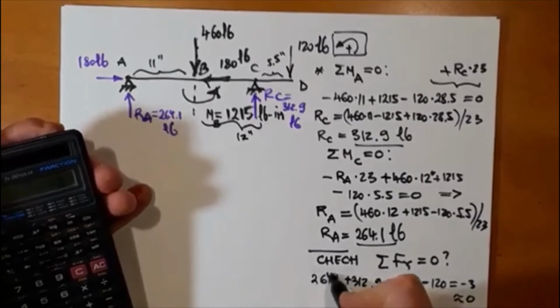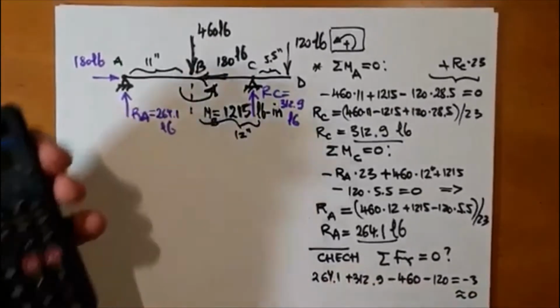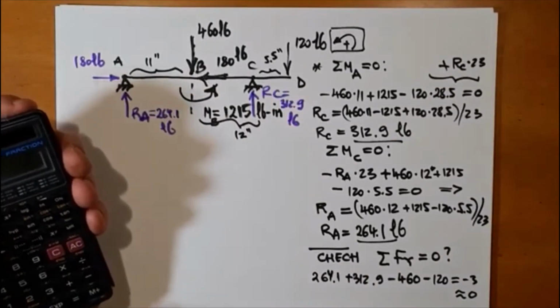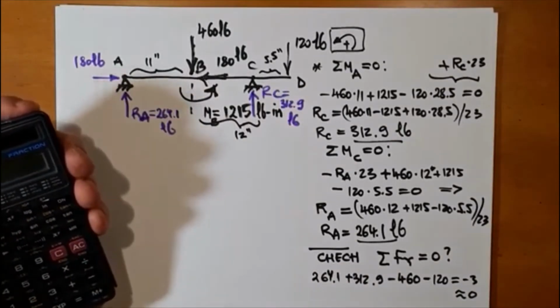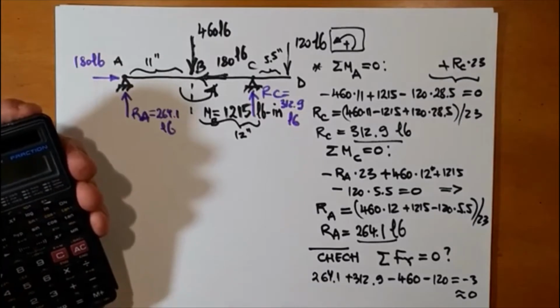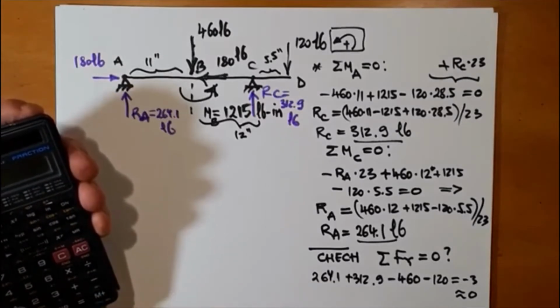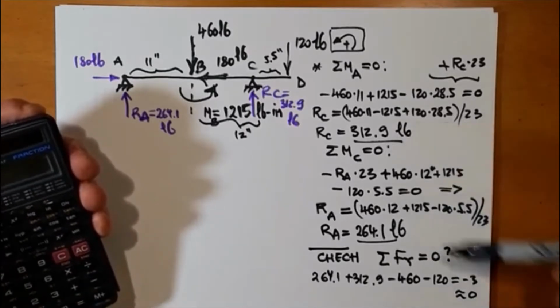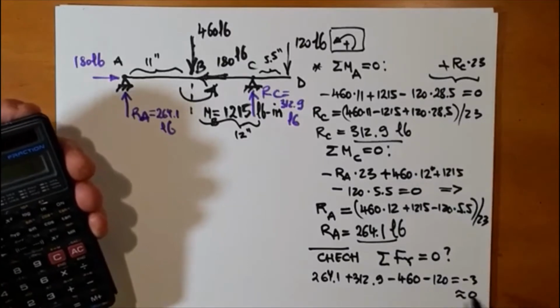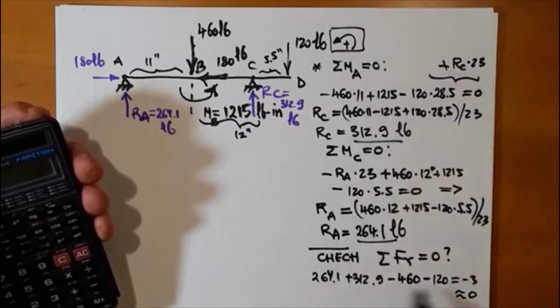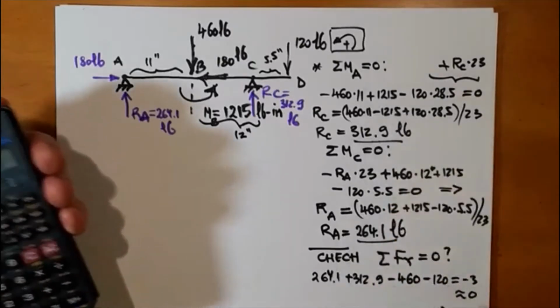Maybe because of, let's see again, it should be closer to 0. 264.1 plus 312.9 minus 460 minus 120 equals negative 3. I hope I haven't missed anything. Anyway, it's approximately a 3% error at most.